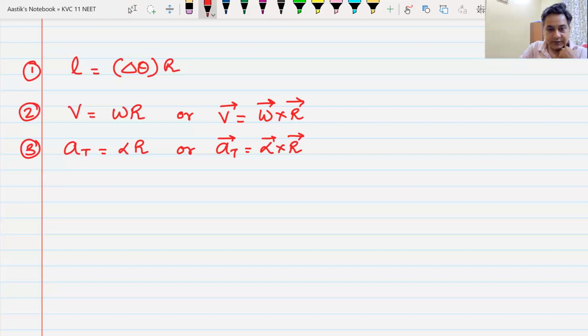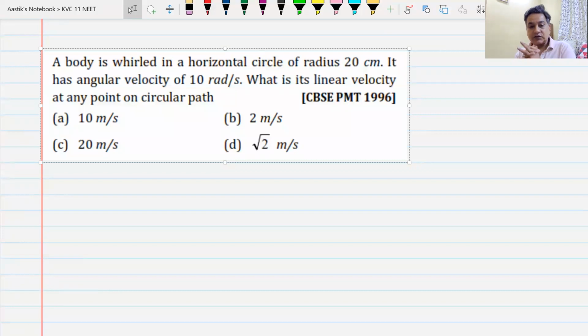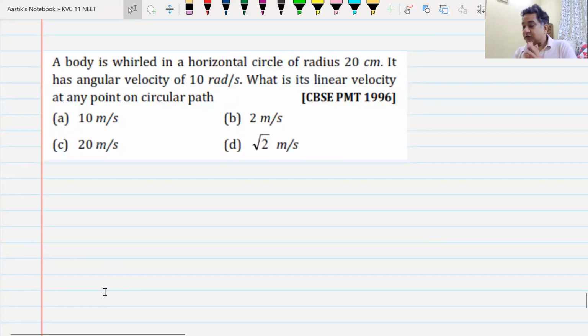Now, let me give you a problem from your previous year papers and you will understand what types of problems come and how simple they are. Remember, simple relations will get you simple answers. This is the first question. A body is whirled in a horizontal circle.